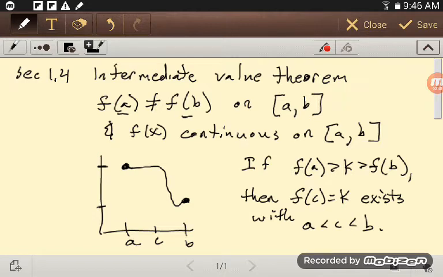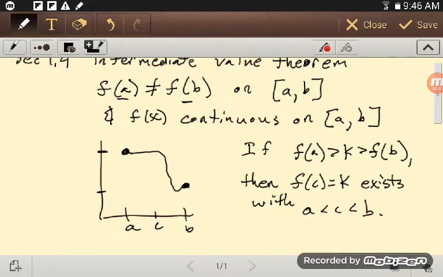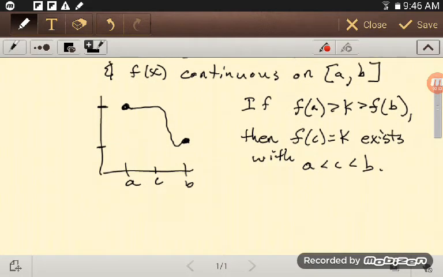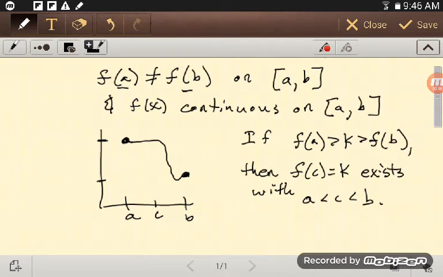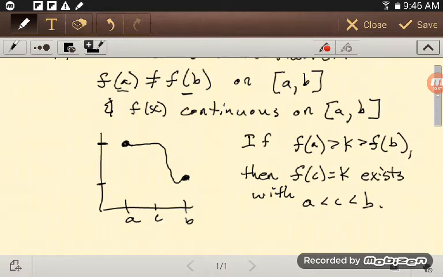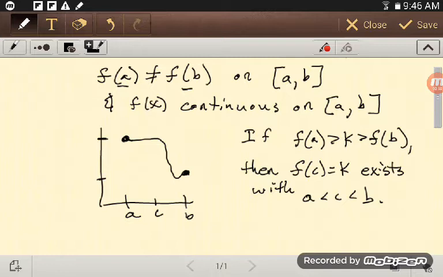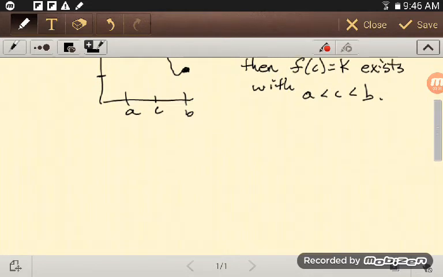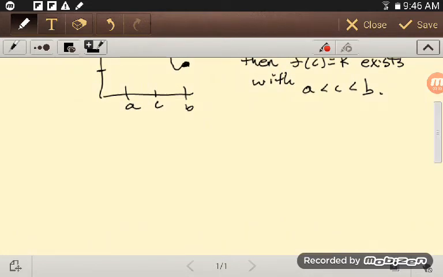And so we need the continuity, right? That's in this theorem, and we need a closed interval. So what could go wrong if we don't have those? Well, start with the continuity. That's pretty simple. Here's a, here's b.